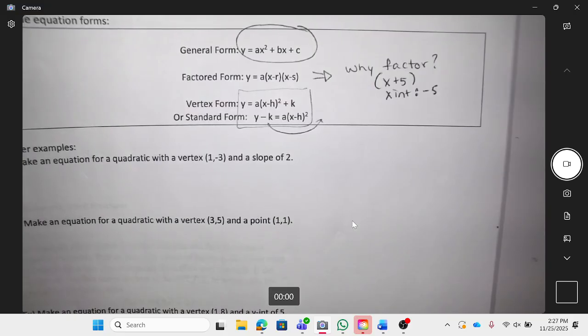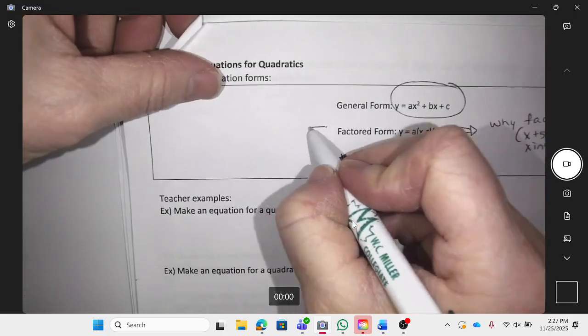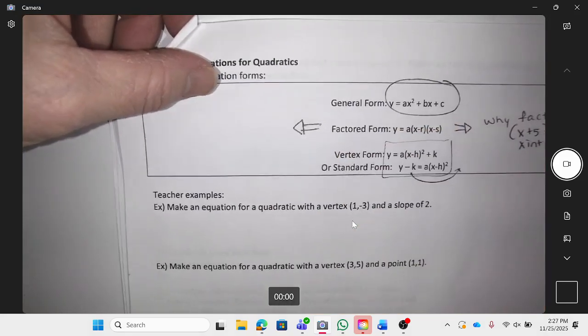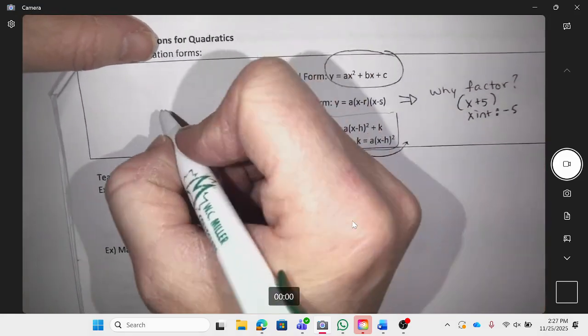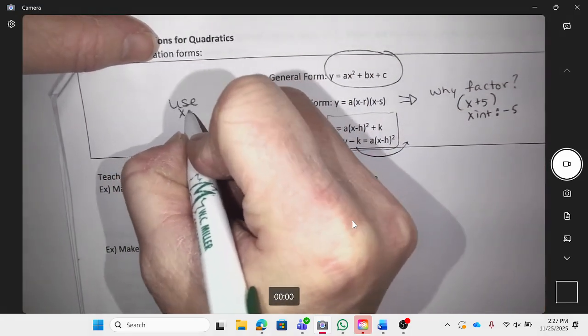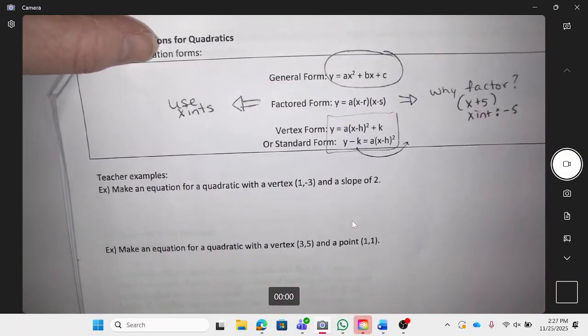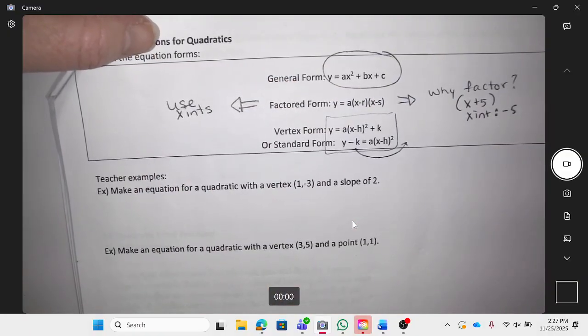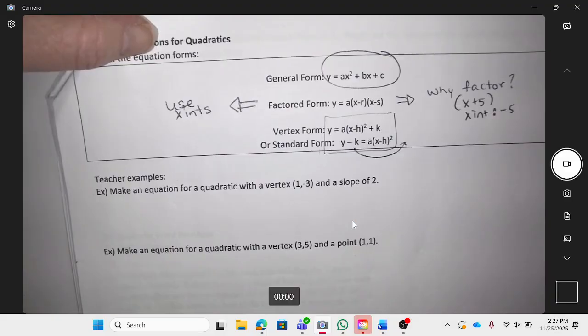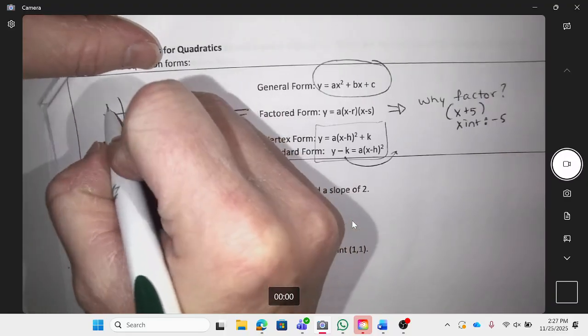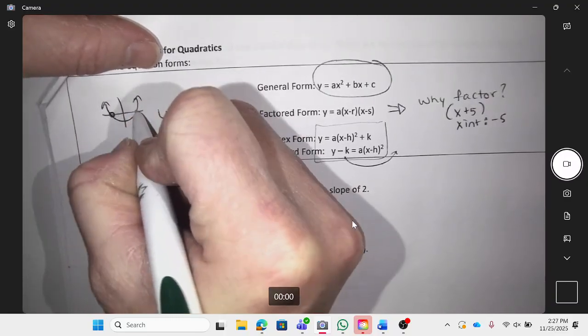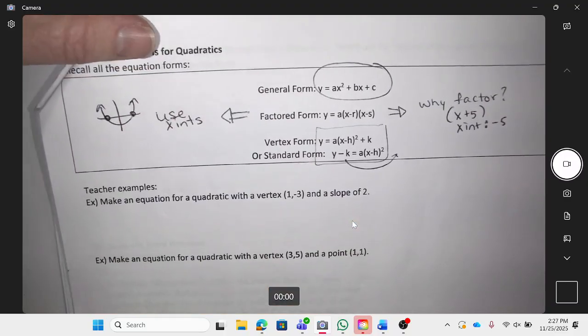so here's what you would do. You would use this if we've been told something about an x-intercept or x-intercepts, right? And so what is the x-intercepts? We've been told x-intercepts, okay?